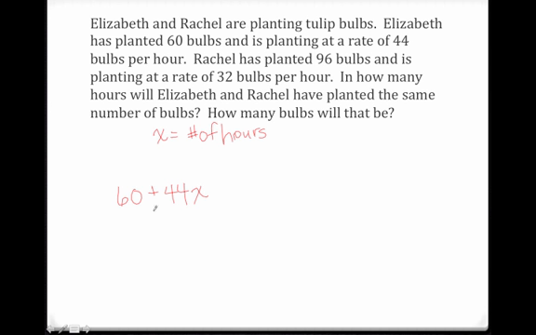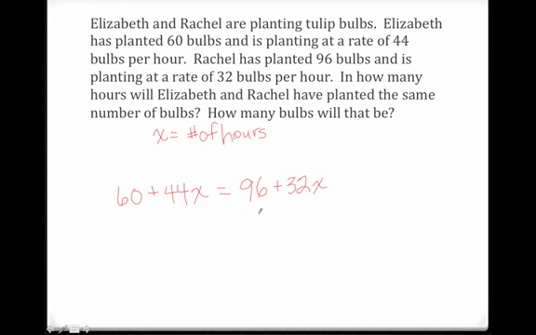So I know that this is the expression that represents Elizabeth planting. And we want to know when those are going to be equal to each other. So I'm going to set it equal, which is going to mean my X, whatever that ends up being, will be the number of hours that Elizabeth will equal Rachel in terms of the number of bulbs planted. So remember, Rachel now is at 96, and then she's planting at 32 bulbs an hour.